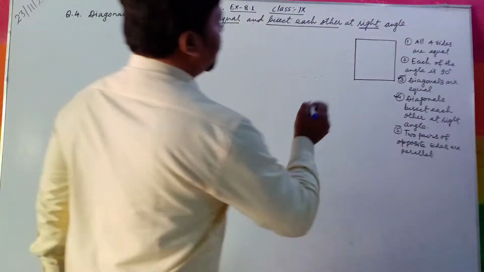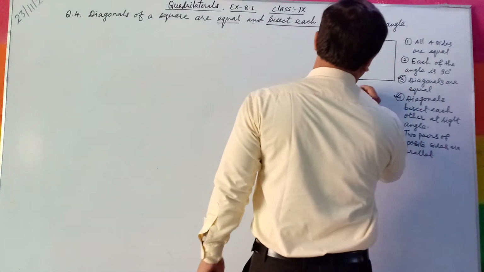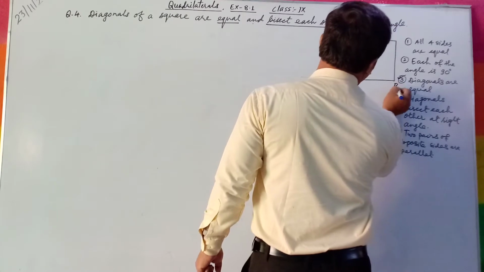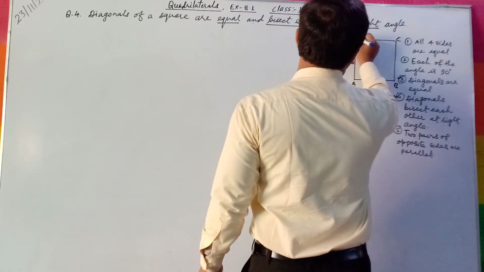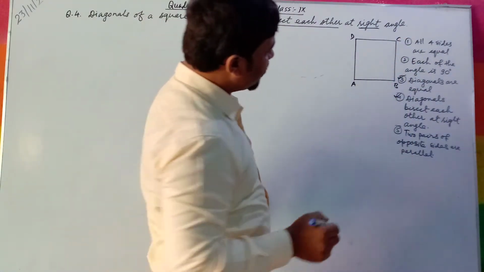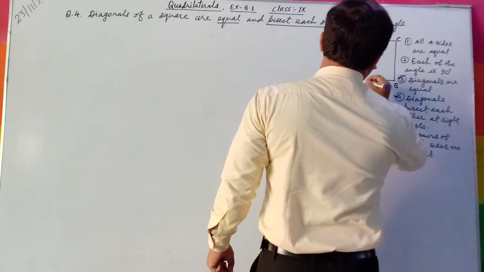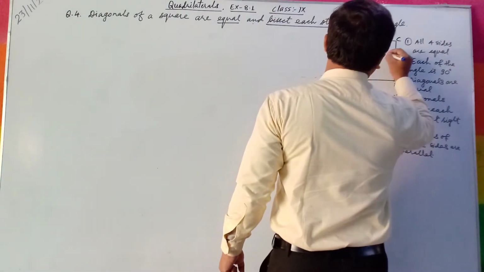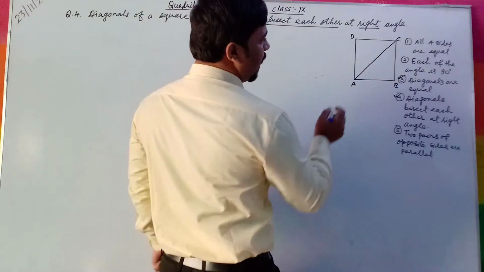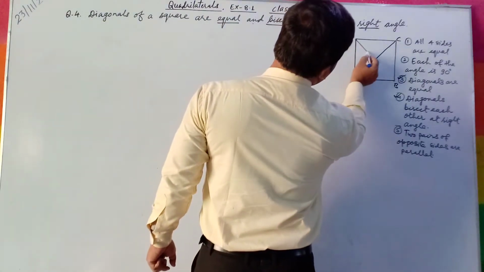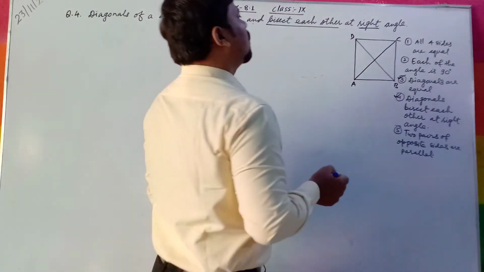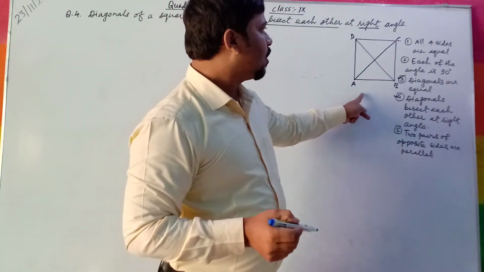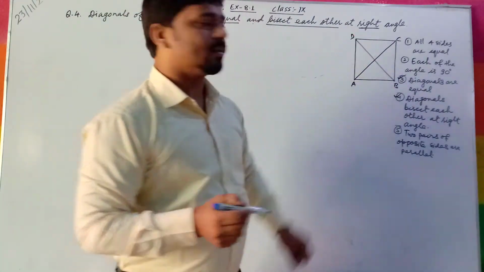First we'll write, this is the diagram of a square. We'll suppose A, B, C and D. I label A, B, C, D, and I join AC and BD. These two are diagonals of this square, AC and BD.